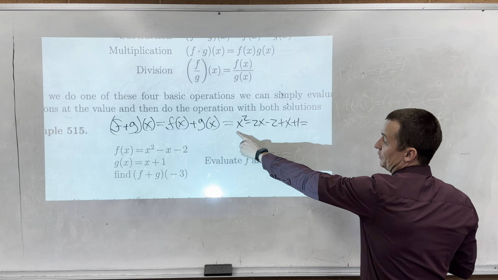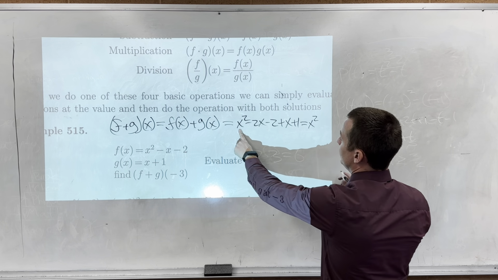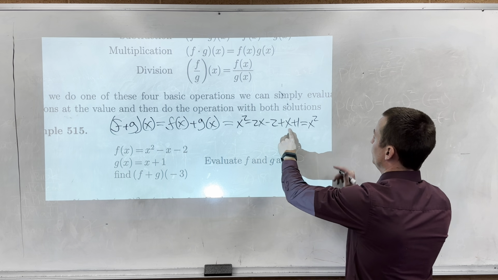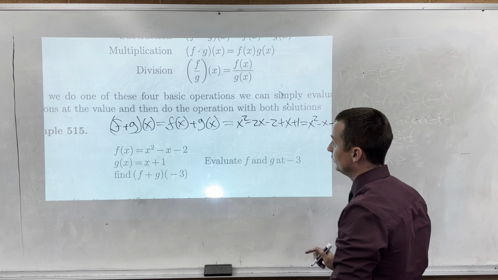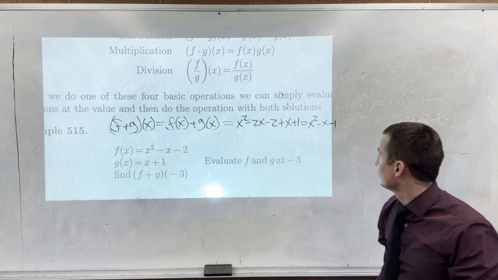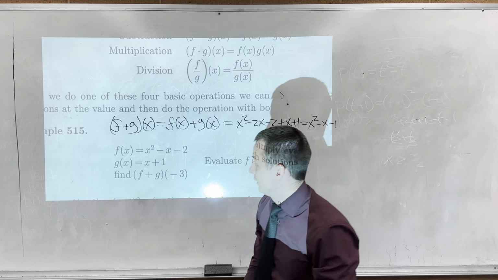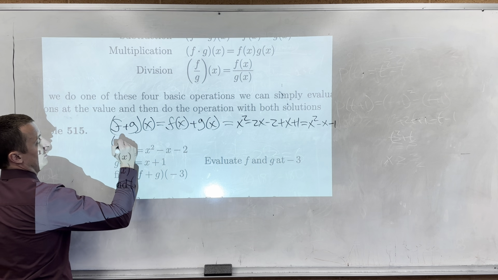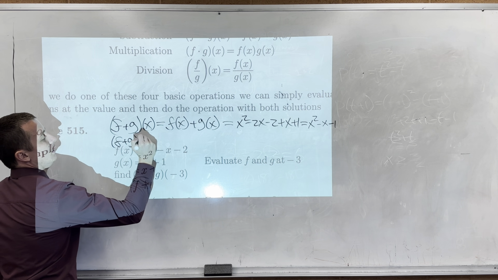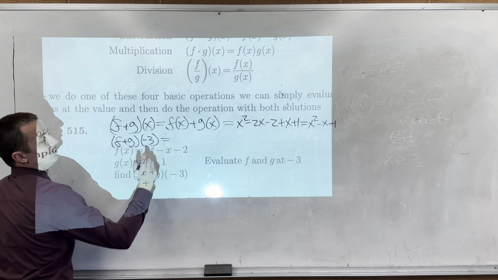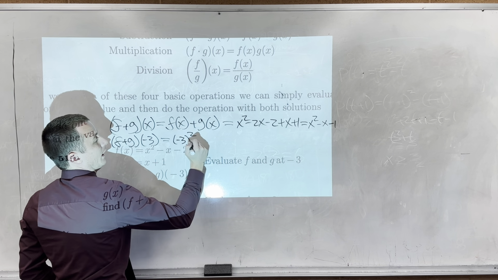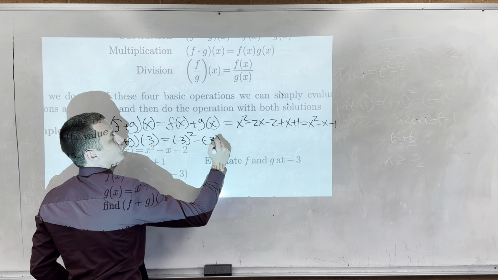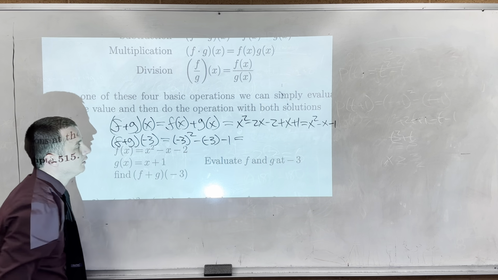Combine it all together. How many x squares do we have? Just 1. How many x's do we have? -2 and +1 is -1. And then -2 plus 1 is -1. So here is f plus g of x. Now we can plug in -3 to this. So f plus g of -3 is equal to -3 squared minus -3, use your parentheses, -1.